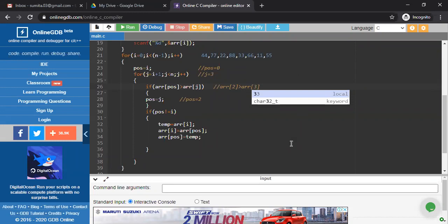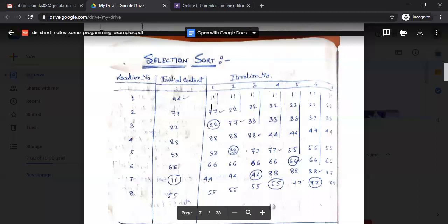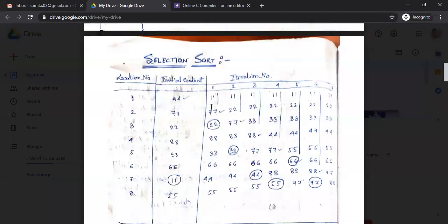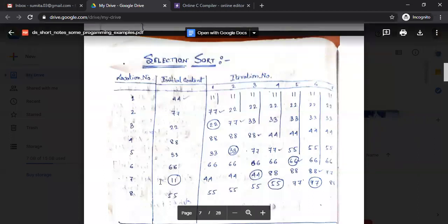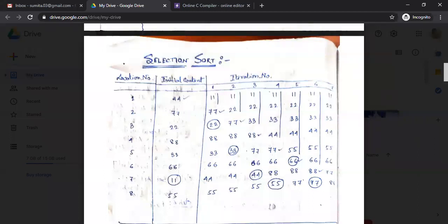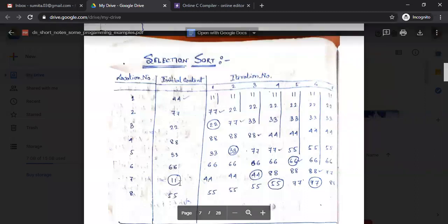Am I right? In the example I just said, taking 44, assuming this is your first value, you have to find out the smallest one from the remaining part of your array. So how do you find out the 11? It is not possible without executing a loop every time and comparing with each other for the remaining part to find the smallest one.